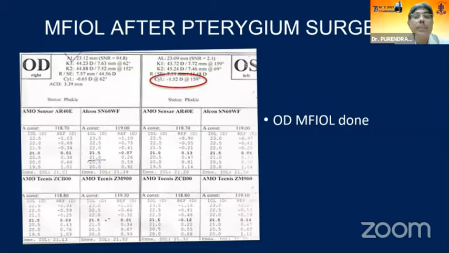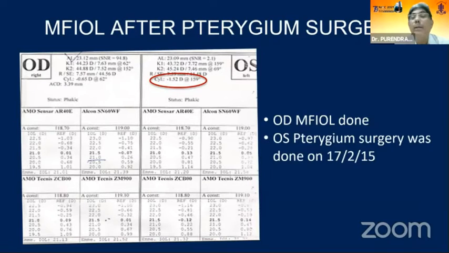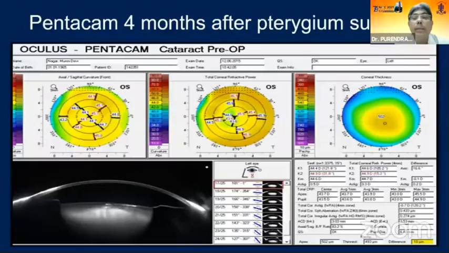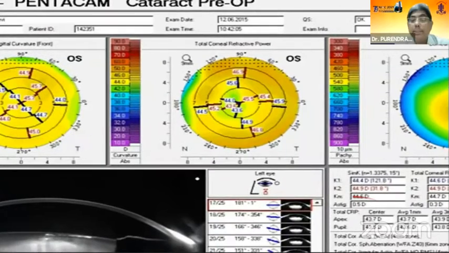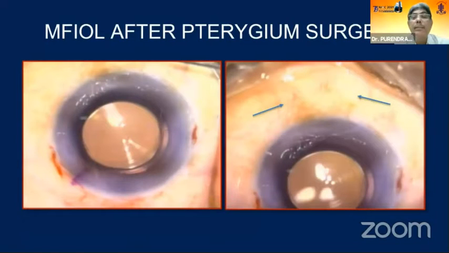Due to this pterygium, the patient had induced with-the-rule astigmatism of 1.52 diopters at the steep meridian at 69 degrees. So we did pterygium surgery, and 4 months after the pterygium surgery, the astigmatism came down to 0.5 diopter. As you can see here, this is the area of pterygium, and this is the multifocal IOL which we have implanted. The patient is happy after that.